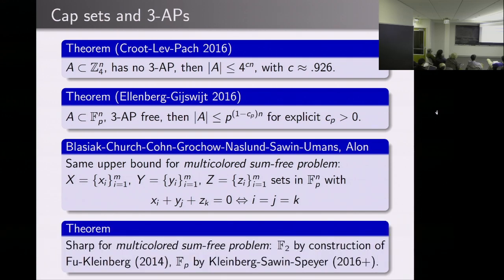And in fact, for the multicolored sum-free problem, this bound is sharp, at least the exponent is sharp. This actually follows in F2 by the construction of Fu and Kleinberg that I mentioned earlier, which also shows that the removal lemma in F2 is sharp. And based on work of Kleinberg, Sauermann, and Speyer, we also have a sharp bound in F_p instead of F2.